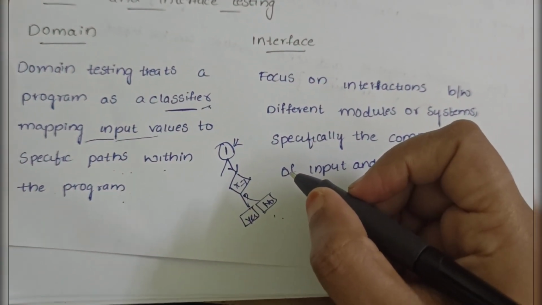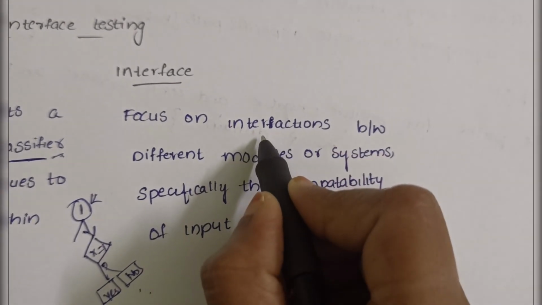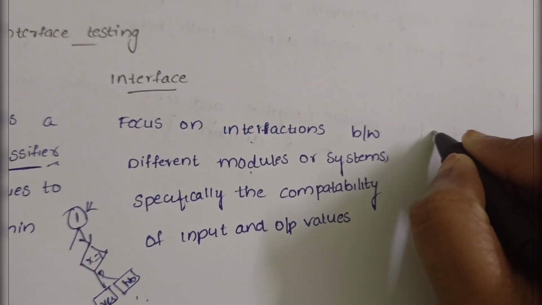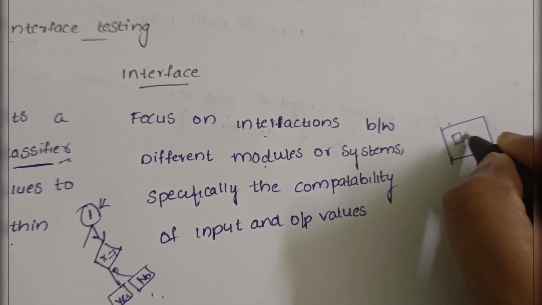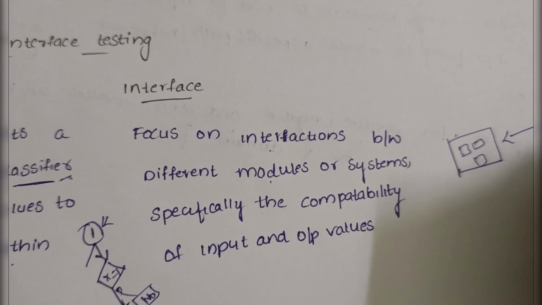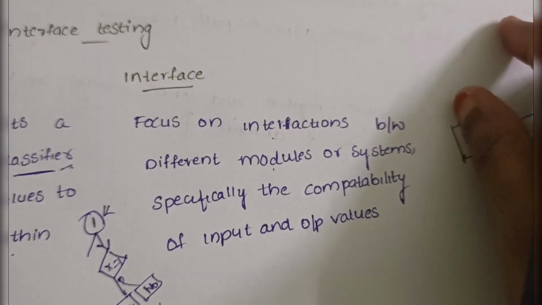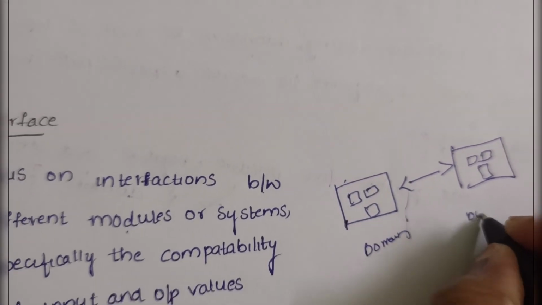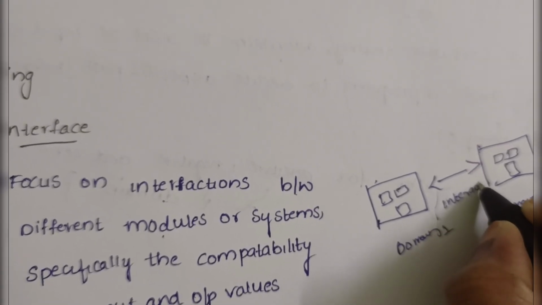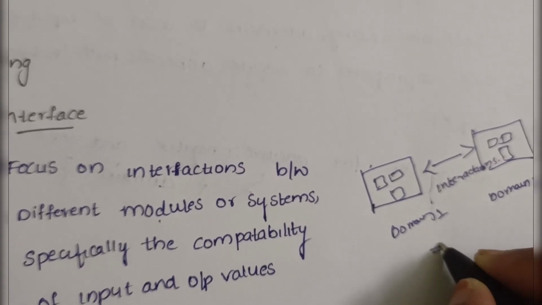This is called domain testing, and interface testing focuses on interaction between different modules or systems. A module is a set of programs. Here we have 3 programs, and this is an interface between them. This is domain 1 and domain 2, and this is called an interaction to get compatibility.